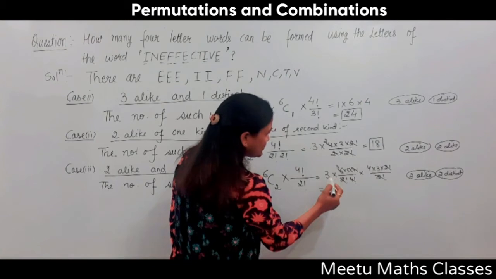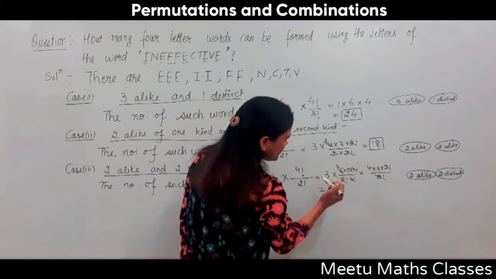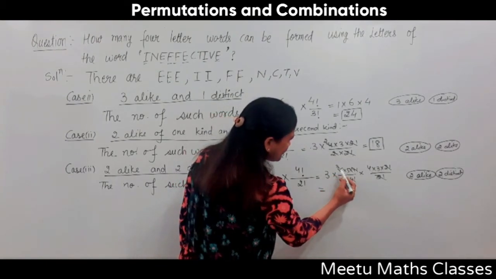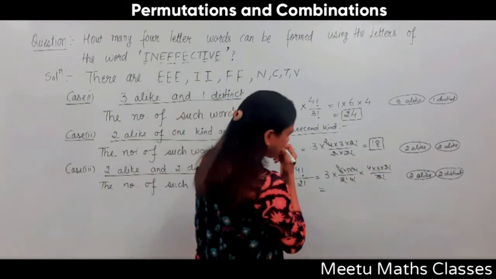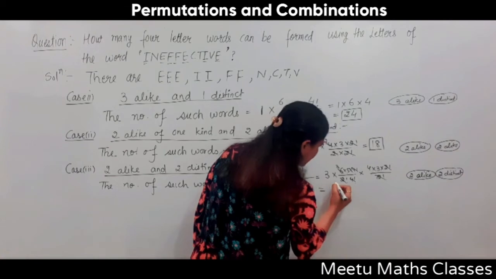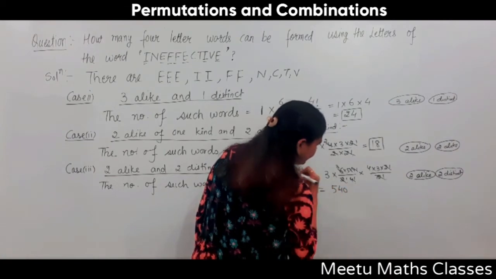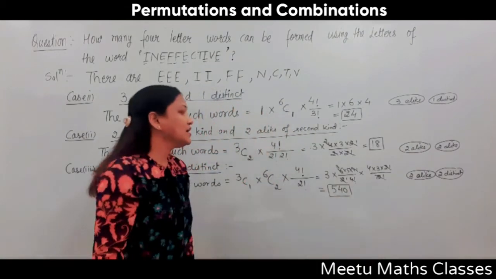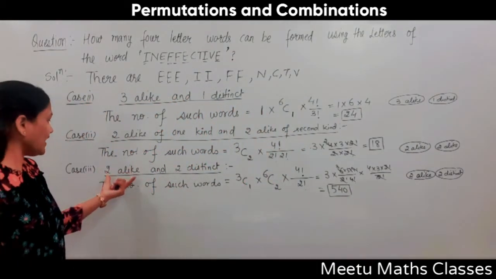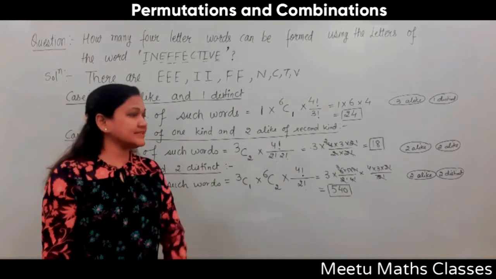So this is equal to 540. So 540 such words will be there in which 2 are alike letters and 2 are distinct letters.